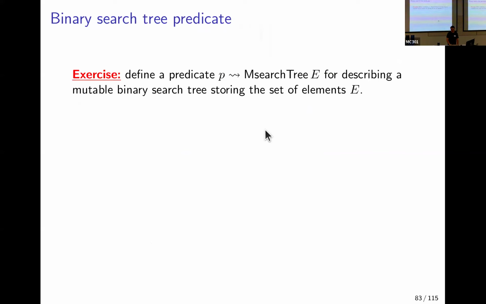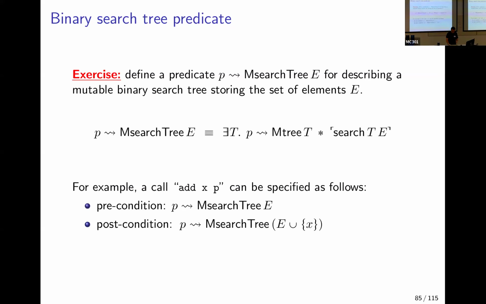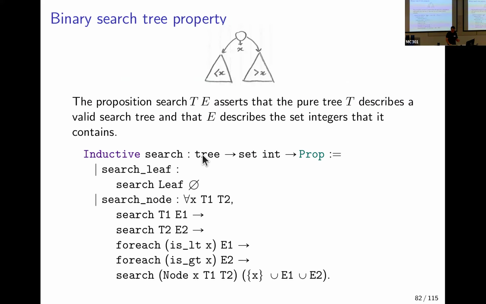Going a bit further, if you don't really care about the structure of your tree, but you are interested in saying it's a binary search tree for some set of elements, you could say: for a set E, P points to this set through the structure of a search tree if there exists some binary tree T such that P points to this mutable tree structure, and search T E, which relates the logical tree structure to the set E. The relation between the tree and the set would be something like this.